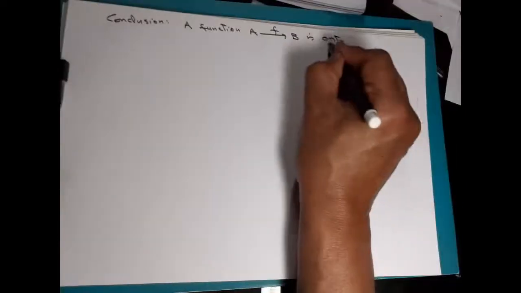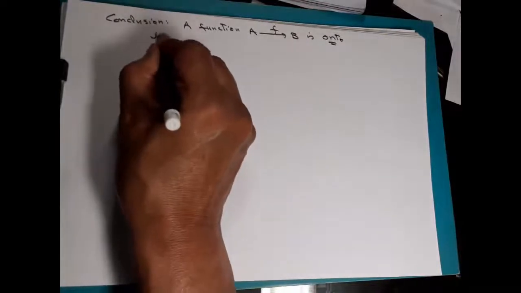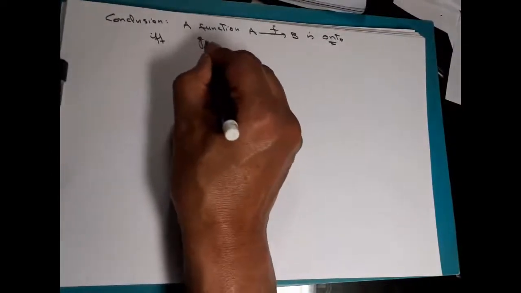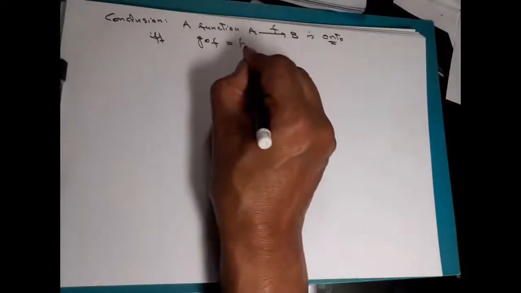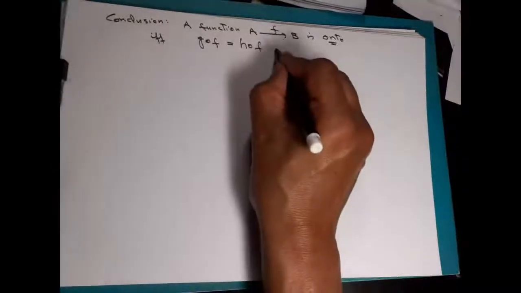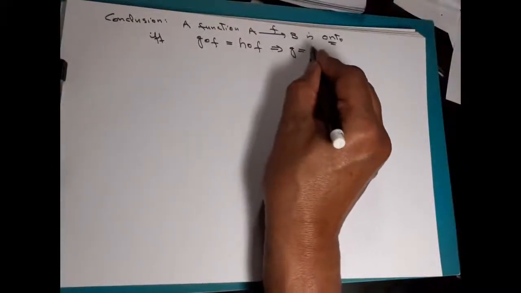So our conclusion, combining these two propositions: a function f with domain A and codomain B is onto if and only if g circle f is equal to h circle f, whenever defined, in fact, implies that g is equal to h.